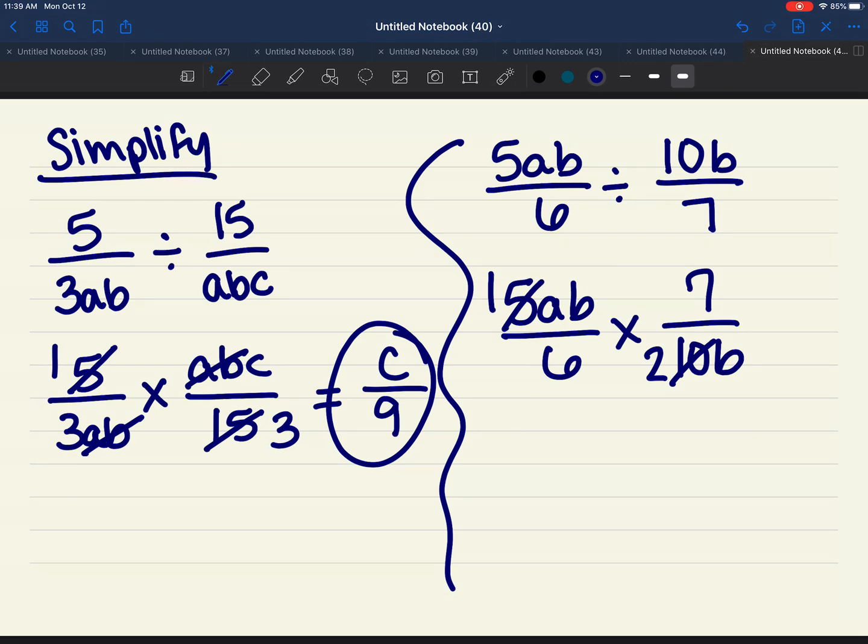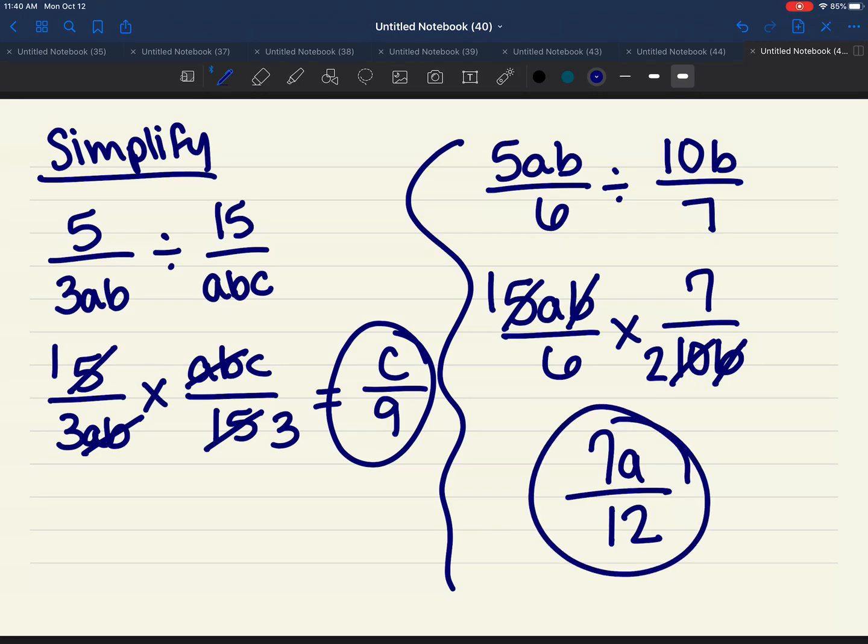Do you see any variables on the top that could simplify with any variable on the bottom? They're b's. Okay, now you're going to multiply what's left. What's 7 times 1a? 7a. All over what? Very good.